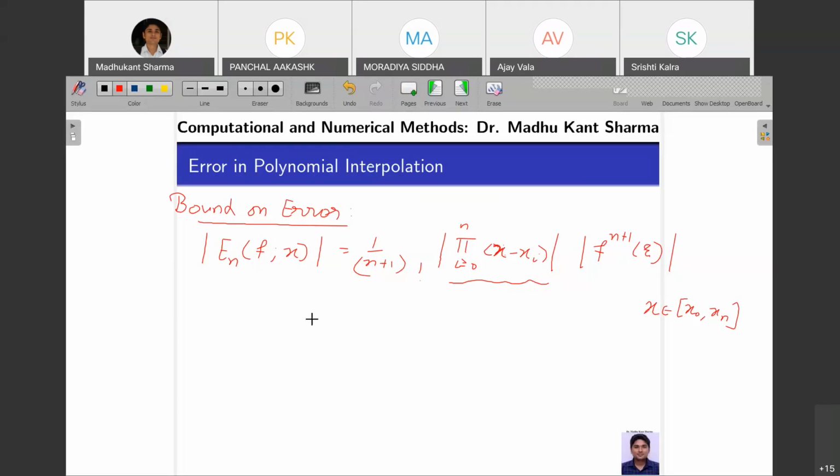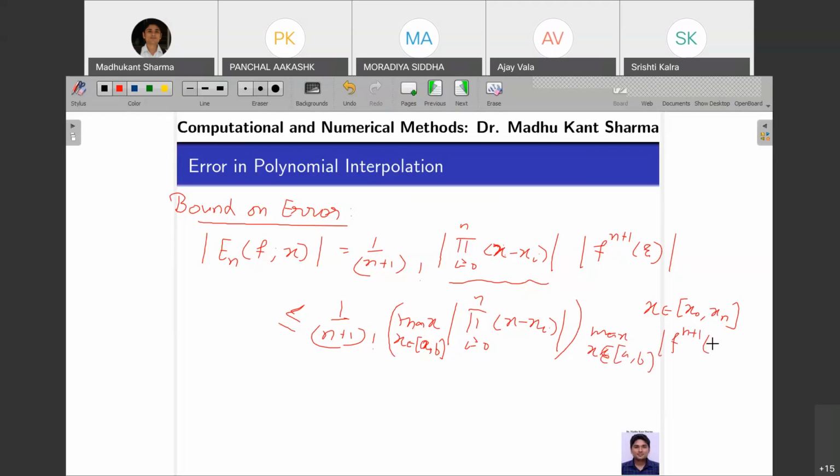This is certainly less than or equal to 1 by n plus 1 factorial times the maximum of the magnitude of the product of i equals 0 to n of x minus xi, maximum over x belonging to x naught to xn, that is a to b, times the maximum value of the n plus 1th derivative in absolute sense.